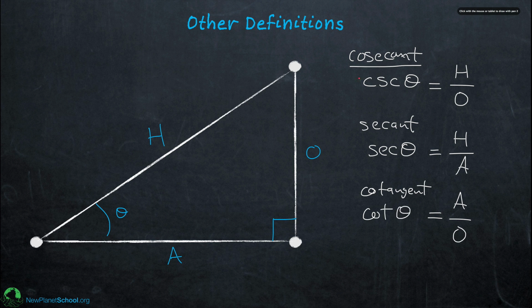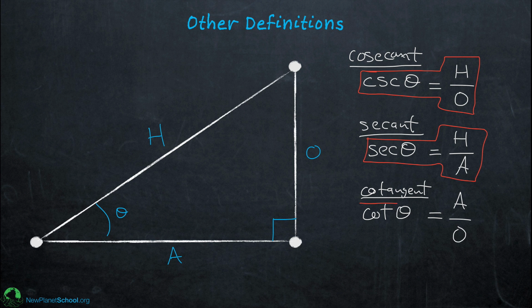And if you want, these are perfectly legitimate functions that you can also use if you prefer. Cosecant, secant, they do just the same job as the other functions, and you're welcome to use those if you wish. I'll show you later why you might not want to use these and why they're less common.